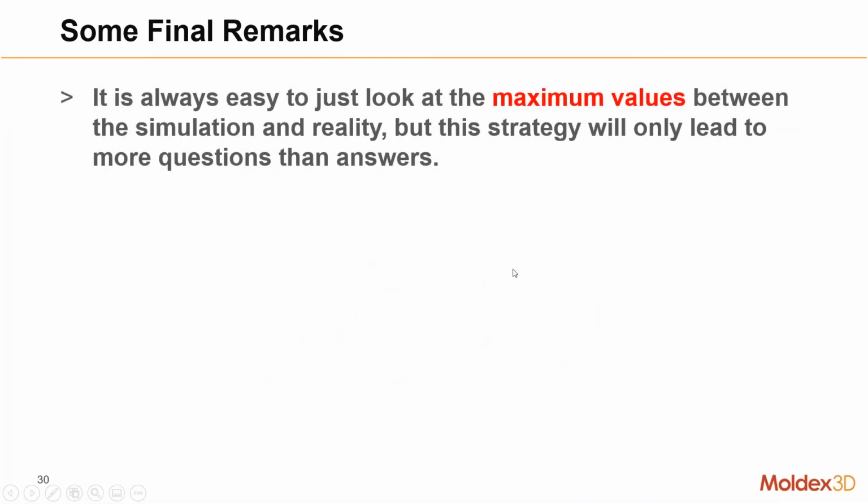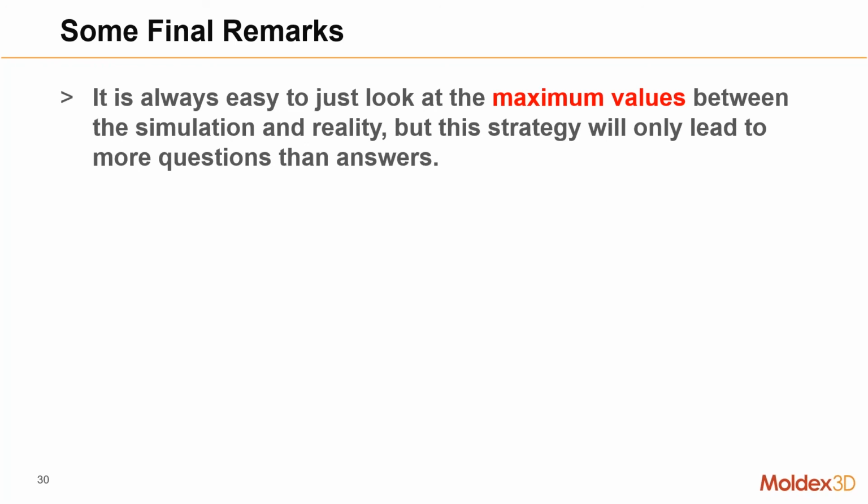All right. So conclusions, it's always easy to just take the maximum value between simulation and reality. Your machine will give you the peak injection pressure, and you can find the peak injection pressure from simulation. You can compare those two. That's actually going to just lead to more questions than answers.